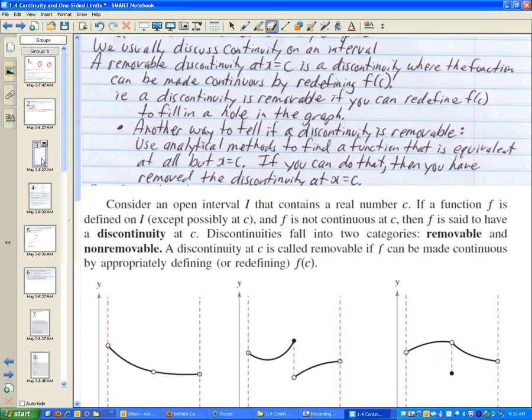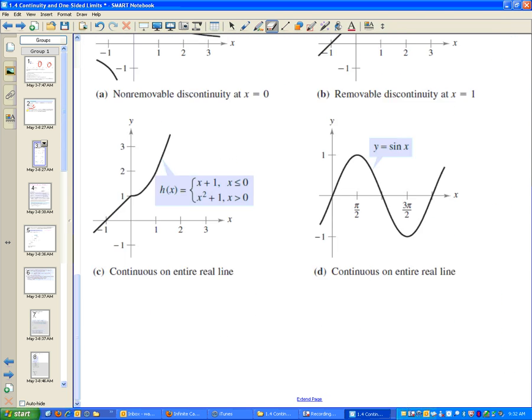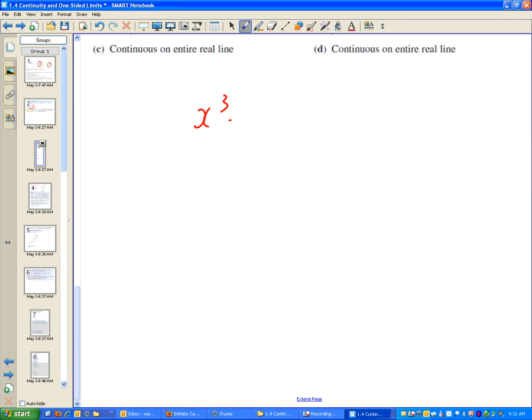Another way to tell if a discontinuity is removable: use analytical methods to find a function that is equivalent at all but x equals c. We did a bunch of those, didn't we? That's when we were doing the dividing out. If you can do that, then you have removed the discontinuity at x equals c. When we had that function, we factored it, and then we got to divide out the x minus 1, and we were left with a polynomial.